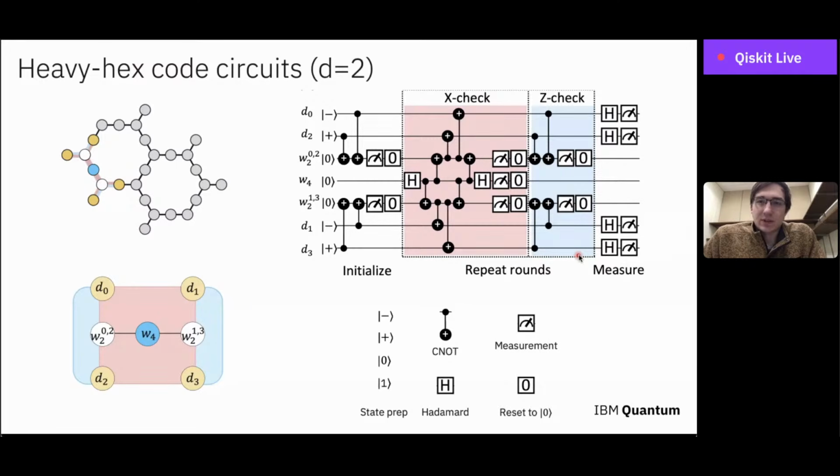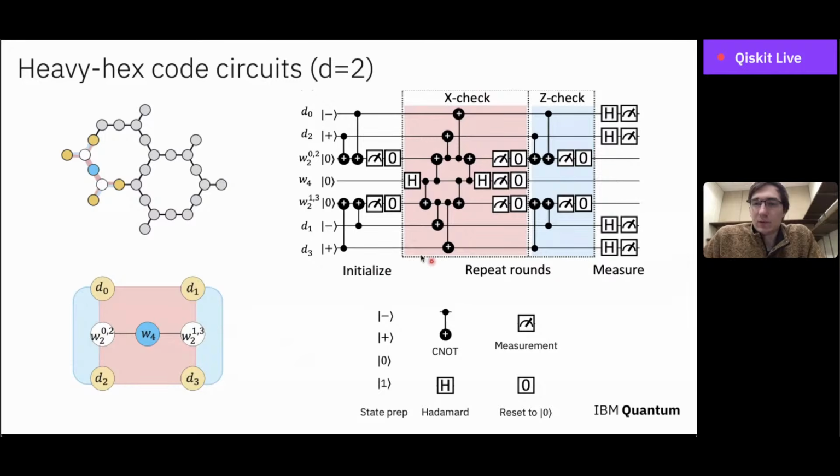So it's measuring the Z-type stabilizers. And the way it does that is by reading out the eigenvalue into these helper qubits here, which I guess are just indicated W2 for weight 2 qubits.